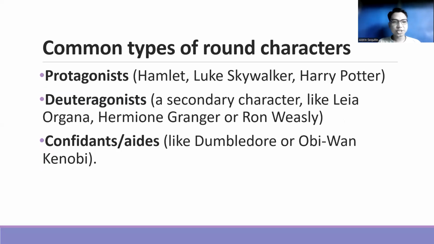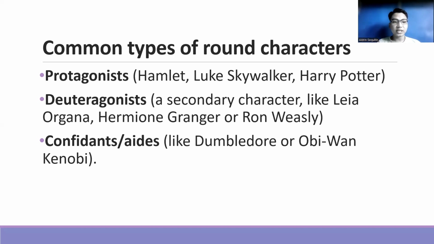Okay, so here are some of the examples of round characters. First, of course, we have the protagonists, the main hero or the main characters of our story. In here we have examples like Hamlet, Luke Skywalker, and Harry Potter. And then we also have deuteragonists. Deuteragonists are secondary characters. We have Leia Organa, Hermione Granger, and Ron Weasley of Harry Potter.